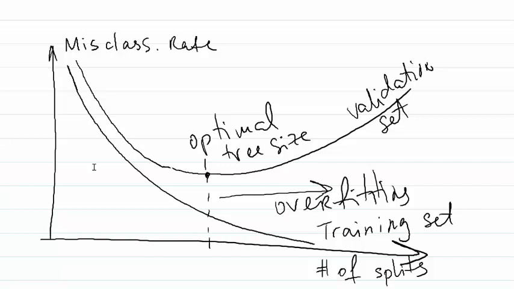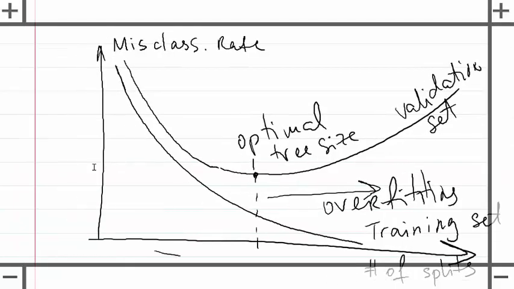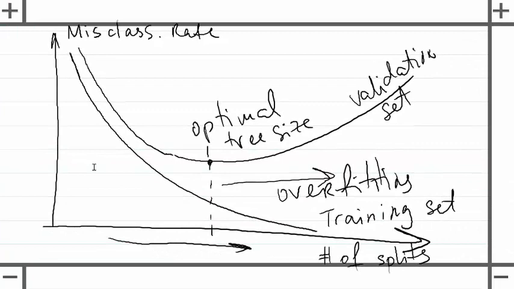Obviously, if you get more splits into the tree, so here I have number of splits going up, right? And you can see that the error rate, misclassification rate, is going down on my training set. The bigger model I build, the more accurately it predicts for me who will get a loan and who will not get a loan, right?